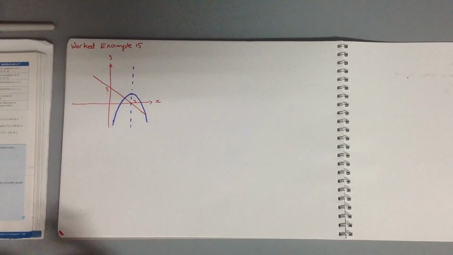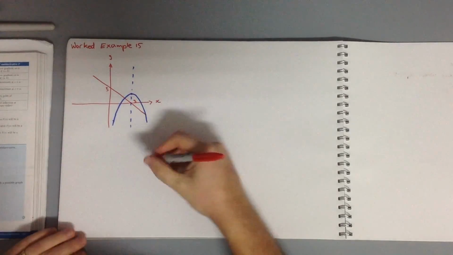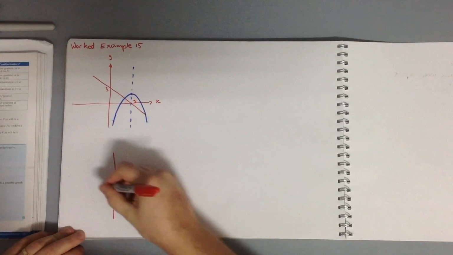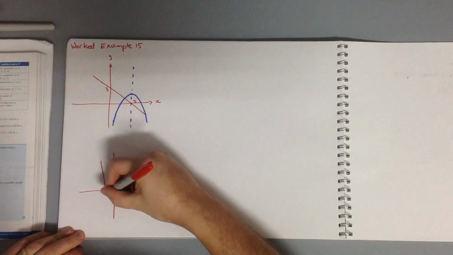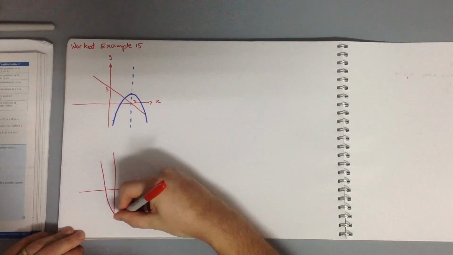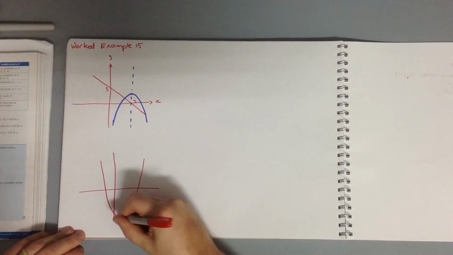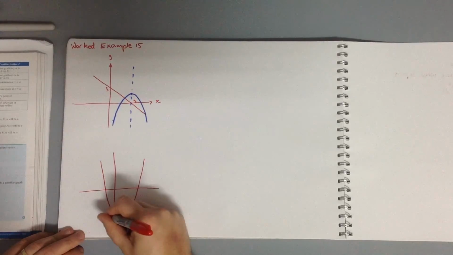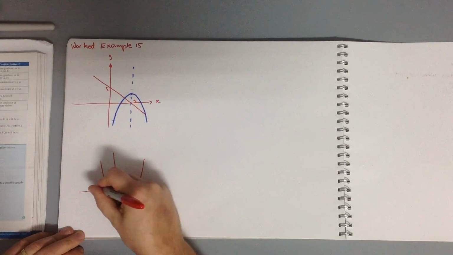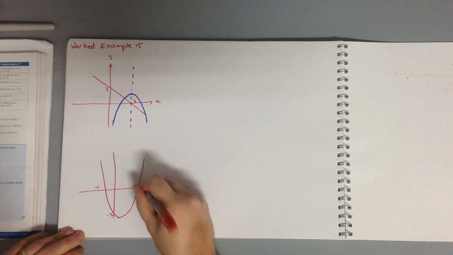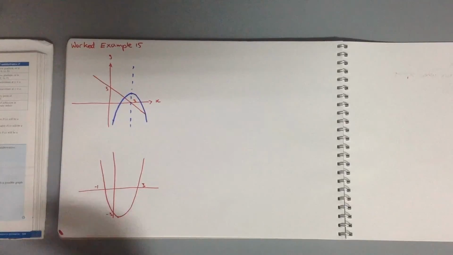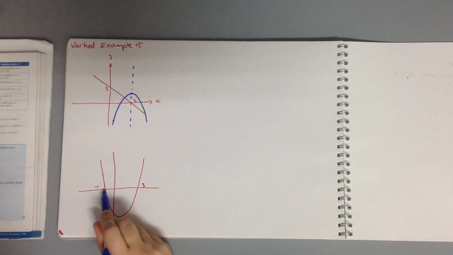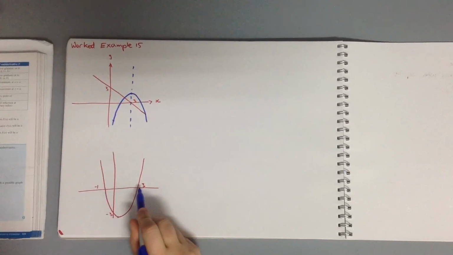The next one we're given is a quadratic. It looks like this: negative 3 there, and we're at negative 1, and we're at 3. Since it's a quadratic, we know we're going to be a cubic. We know we're going to have turning points at -1 and 3.